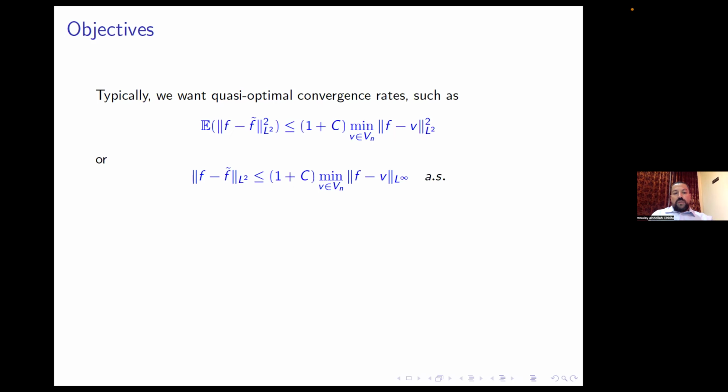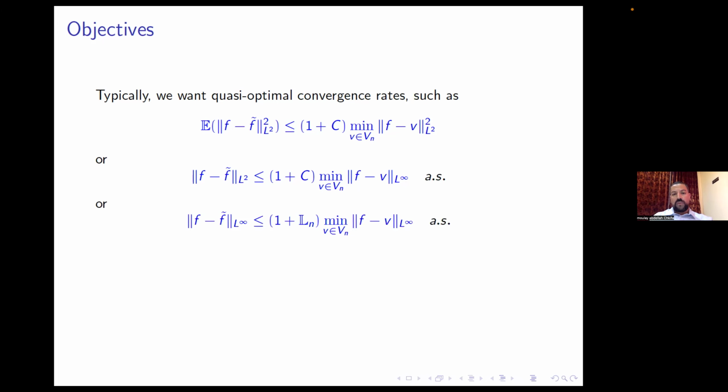We can also be interested in convergence almost surely. For example, this is also a kind of result that is usually given in least square papers, which is comparing the convergence in the least square sense using the best approximation in the uniform sense.